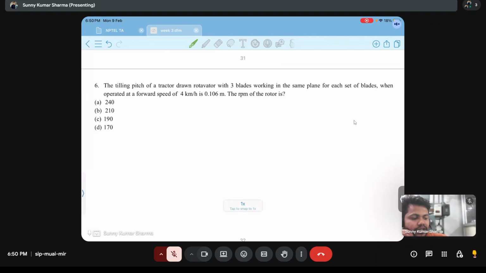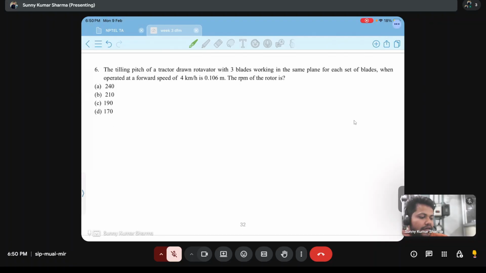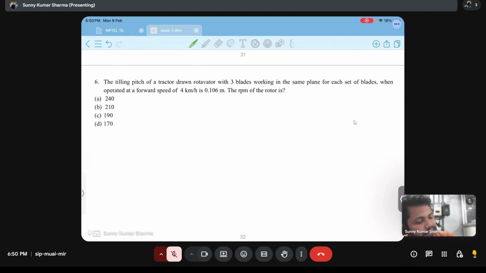Now the next question is, the tilling pitch of a rotavator with three blades working in the same plane for each set of blades, when operated at a forward speed of 4 km per hour, is 0.106 meter. The RPM of the rotor is? The tilling pitch is 0.106.